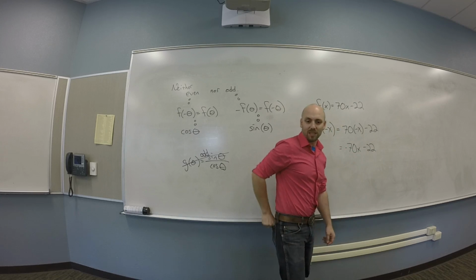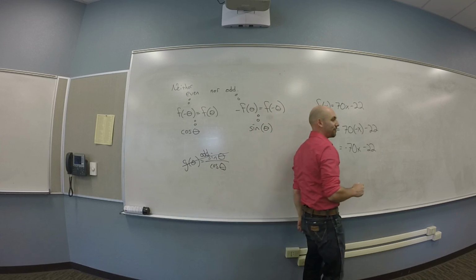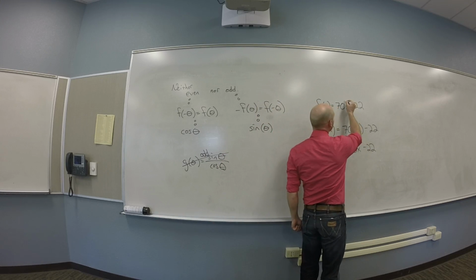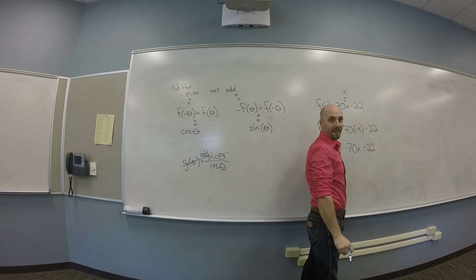Exactly. So what's up with this thing? It's neither even nor odd. Why is it neither even nor odd? Because this piece here is like x to the first power. That's an odd thing. Those odds, remember, are about the powers of x.